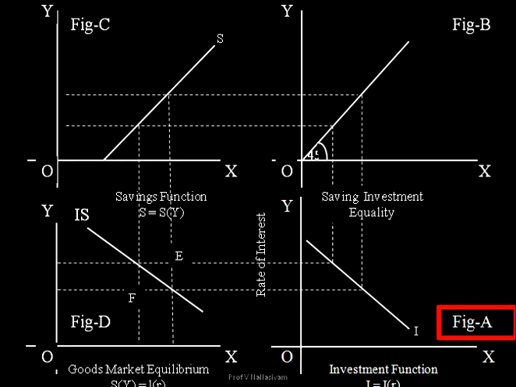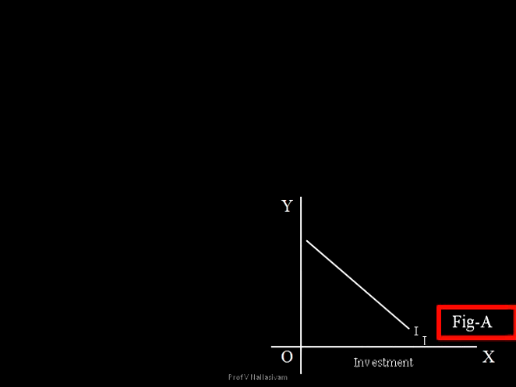Look at figure A. It represents investment function. Along the x-axis, investment is measured, and along the y-axis, rate of interest is measured. At 6% interest rate, the business community invests 20 rupees.